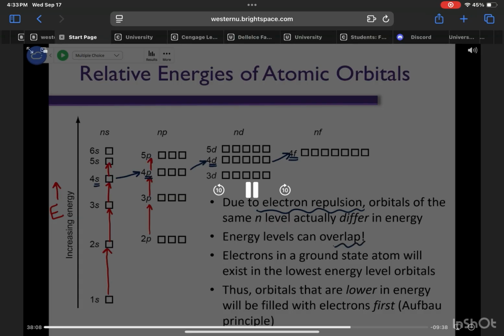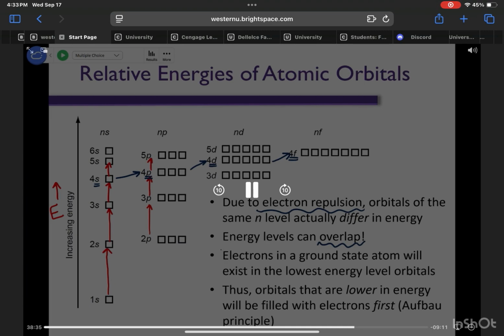And they can differ so much that the patterns that we want to follow all the time start to become a little bit smudgy. It starts to overlap, and we have to pay greater attention because sometimes the overlapping means that the highest principal quantum number may or may not have the highest energy.